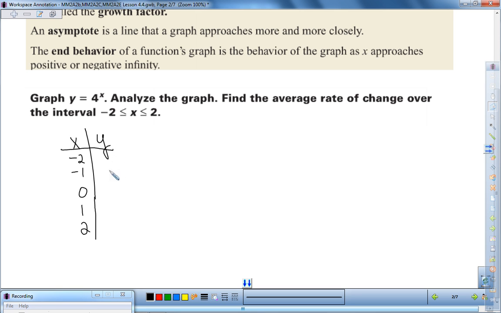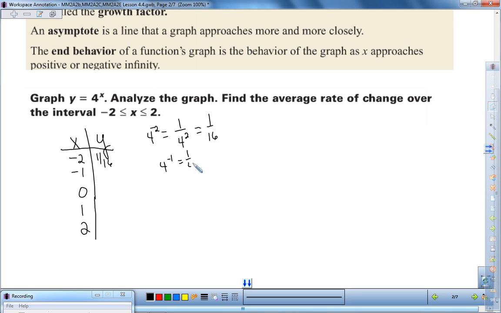Then we have y. What are we getting out? So, what we're going to do is take 4 and plug in -2. Now we have this negative exponent. If you have a negative exponent and you put it underneath, remember it becomes positive. So we'll end up with 1/16. Then we do the same thing for -1.